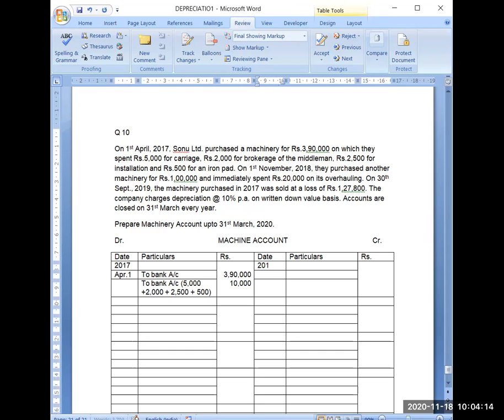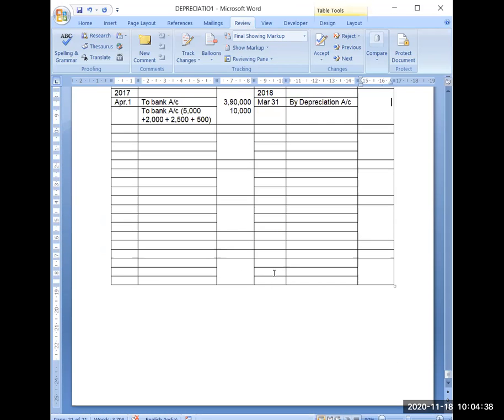So we will go to March 2018 and we will charge the depreciation. March 31st by depreciation account. Now again we will show the working note and we will show the calculation of depreciation.